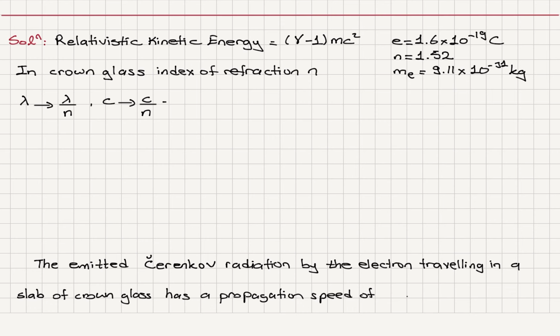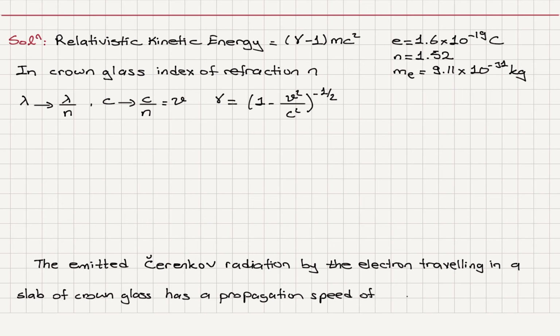So that's the speed of light inside the material. And the relativistic correction factor gamma is 1 minus v squared over c squared to the power minus 1 over 2.